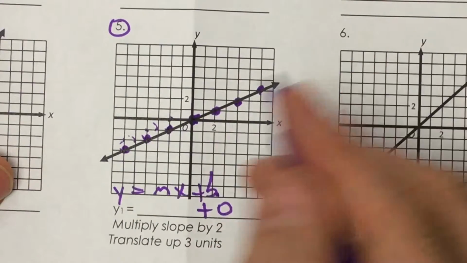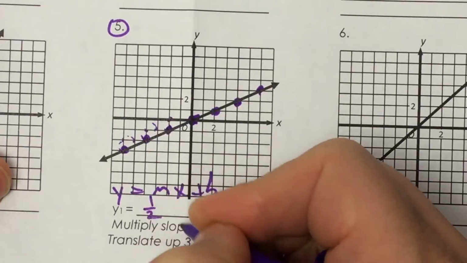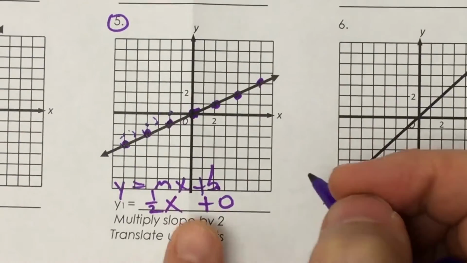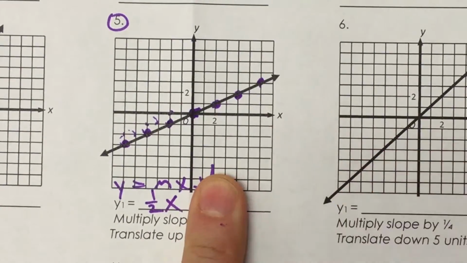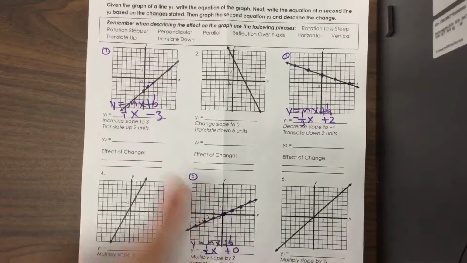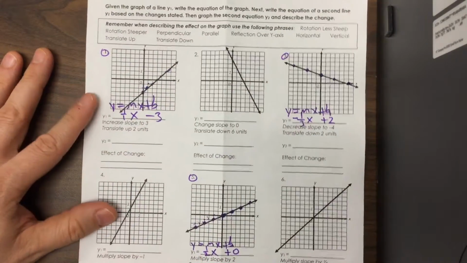Since it's going uphill, it's a positive slope, 1/2 x. So y equals 1/2 x plus 0, or you could leave off the 0 and let it be y equals 1/2 x. So now we've done the first step on all three of the odd problems.